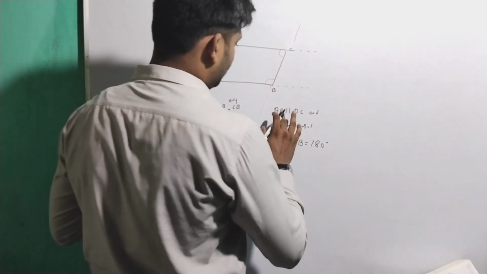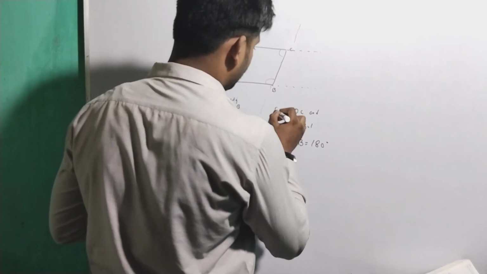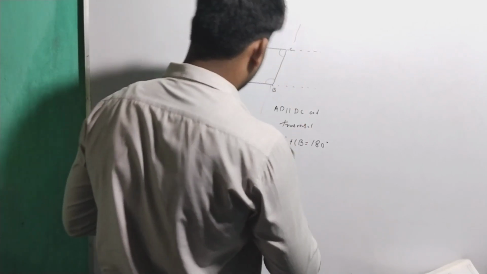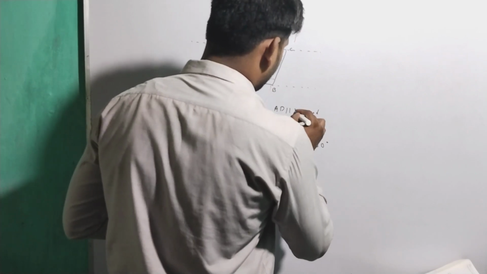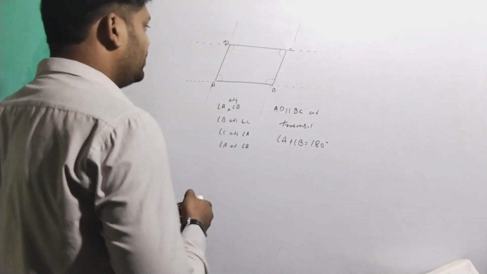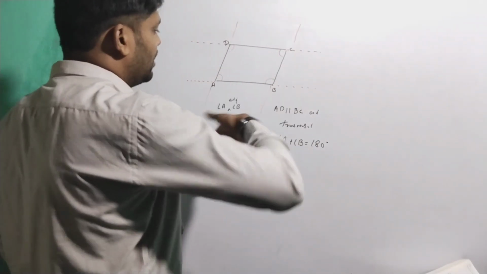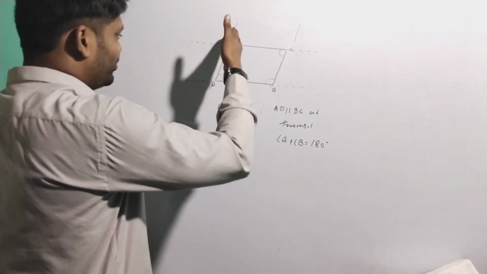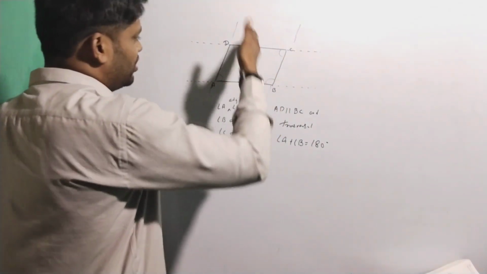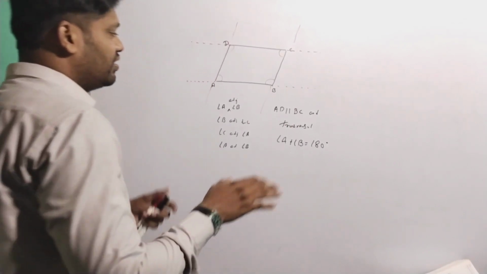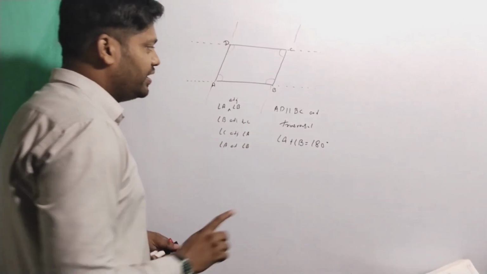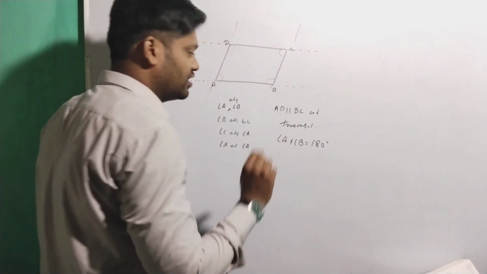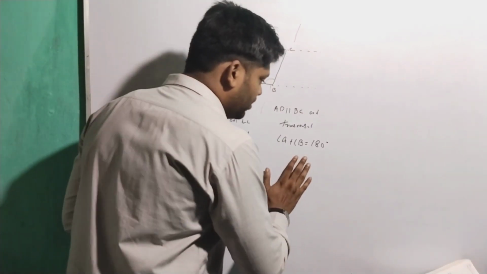It will not be AB, sorry. AD and BC. I'm saying that these two are transversal and parallel, but I was writing this one. So these two are parallel also, these two are transversal also. Whenever such a case arises, the sum of the interior angles, interior meaning inside angles, which you are already aware of, will be 180 degrees.